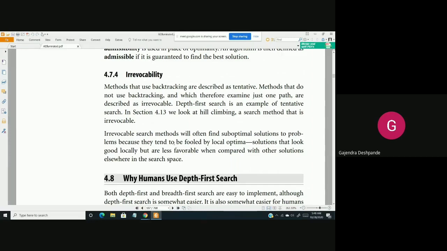So irrevocability means you are not going to traverse backwards, or there is no concept of backtracking used while traversing a tree. So depth first search is an example of such a search, because you are going to visit every node only once.